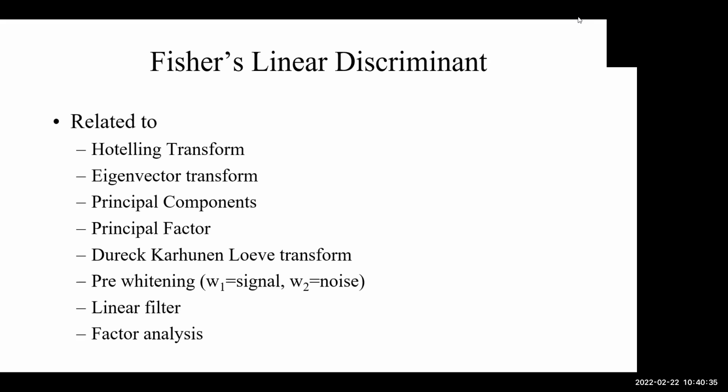You'll use that there. Principal components is an extension of Fischer, which is used a lot in pattern recognition as well, and we'll talk about that later on. Principal factor, the Karhunen-Loeve transform. I don't expect you to know what they all are, but I want you to hear these words.